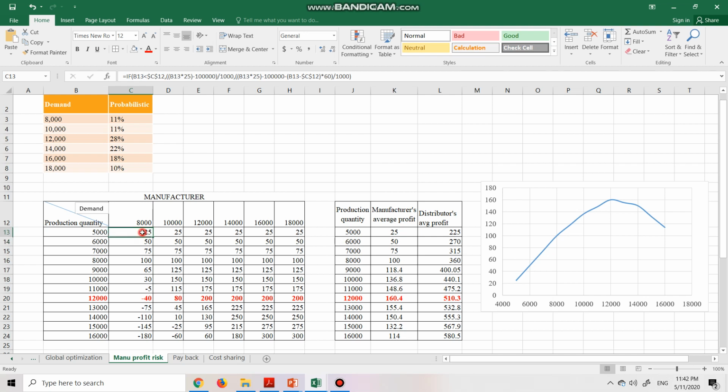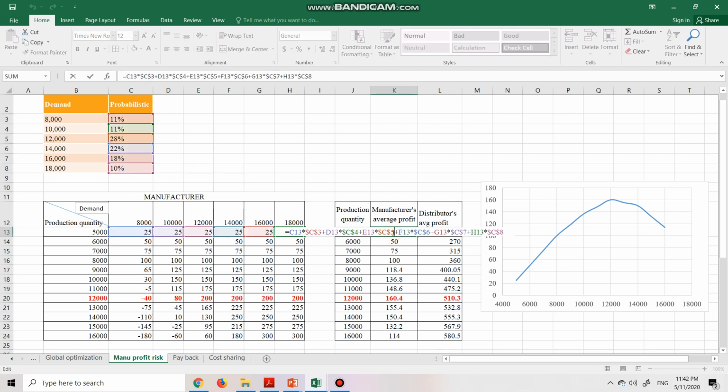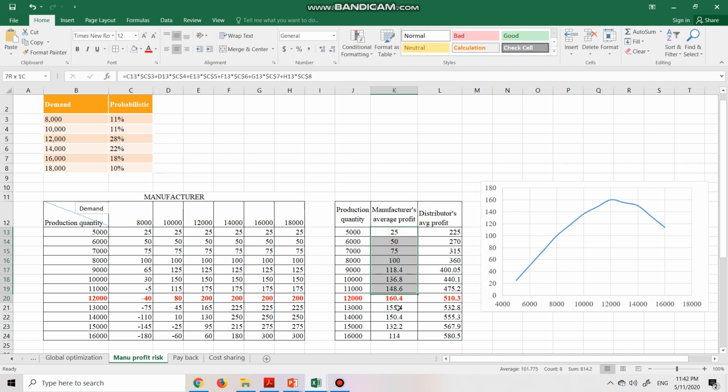So on and so forth, we can calculate all the profit values in this table in each case, and combine with the probability of the demand in this table, we can calculate the average profit of the manufacturer. Okay, so look at this column.